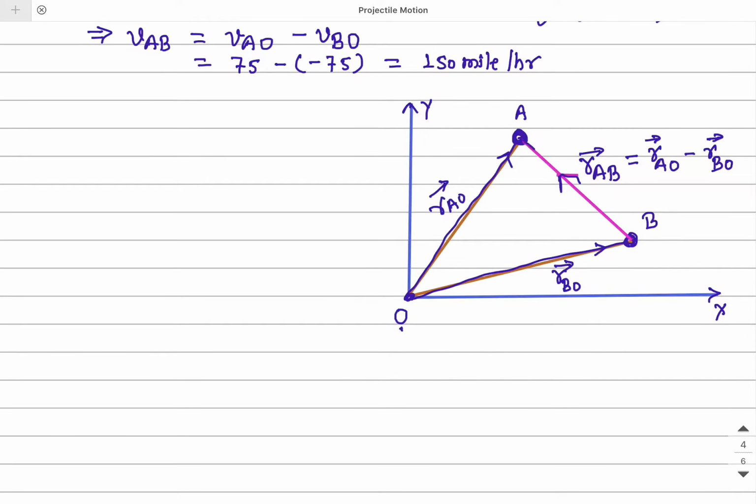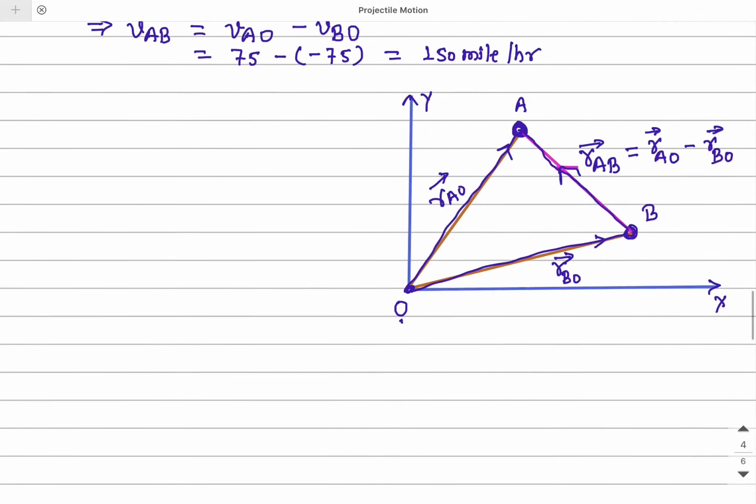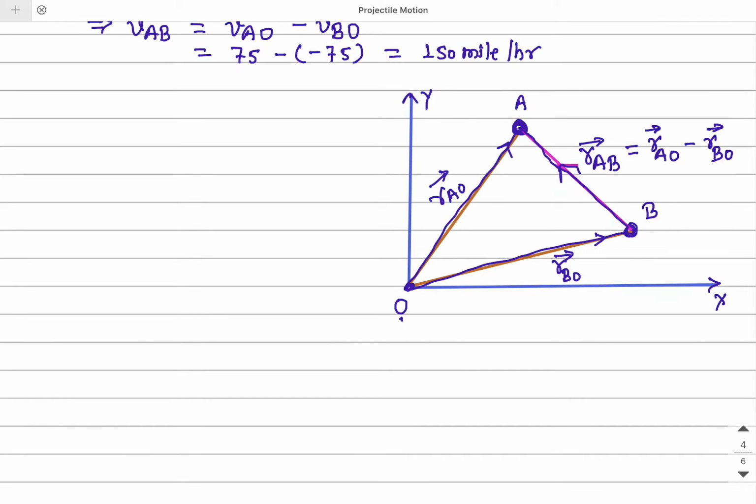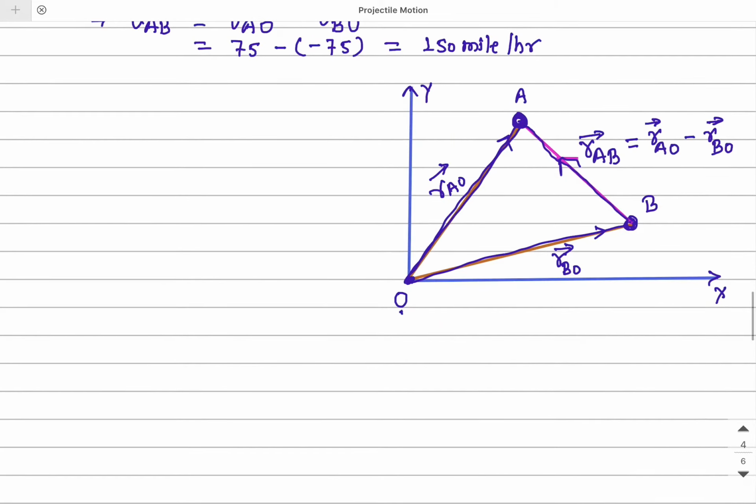If you need to go from B to A, you have to go this way, which is negative, and then this way, which is positive. So we have RAO minus RBO.